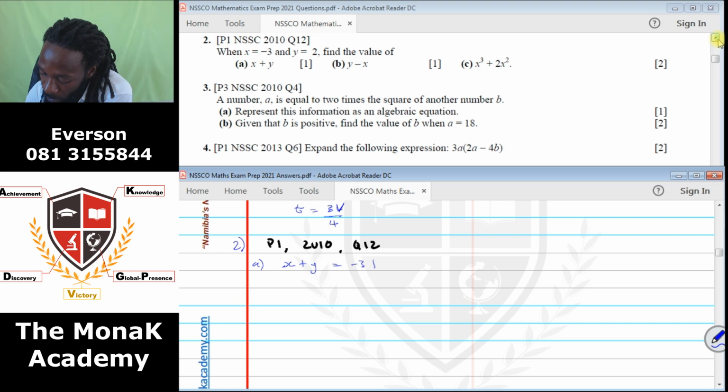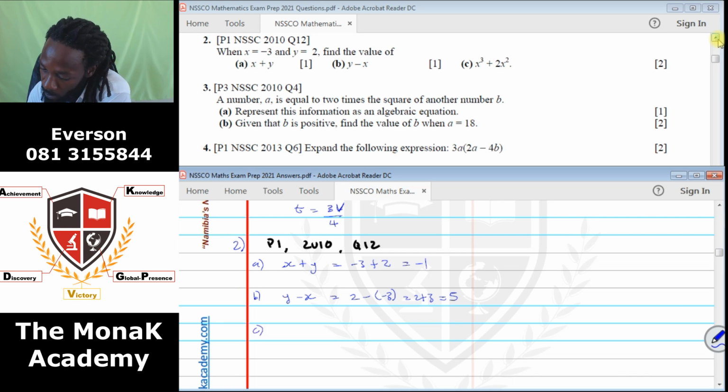Negative 3 plus 2, which is negative 1. For B, y minus x equals 2 minus x, which is negative 3. So it becomes 2 plus 3, which becomes 5.